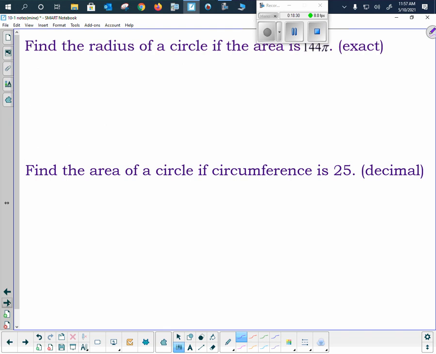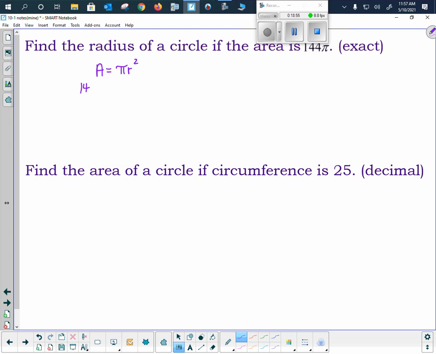So for this first one, if we want to find the radius of a circle that has the area 144 pi, well, that's the information that was given to you, just like the other word problems. So start with the information given to you, which was area. So the area equation, yes, you should write this at the start, is pi r squared. Fill in the numbers directly underneath it.